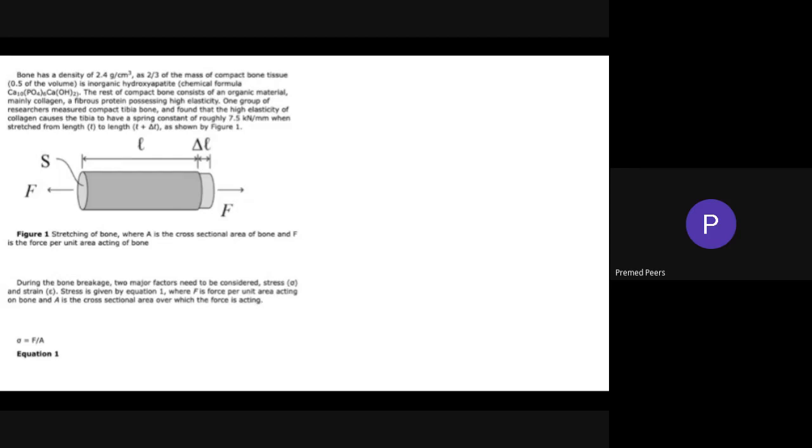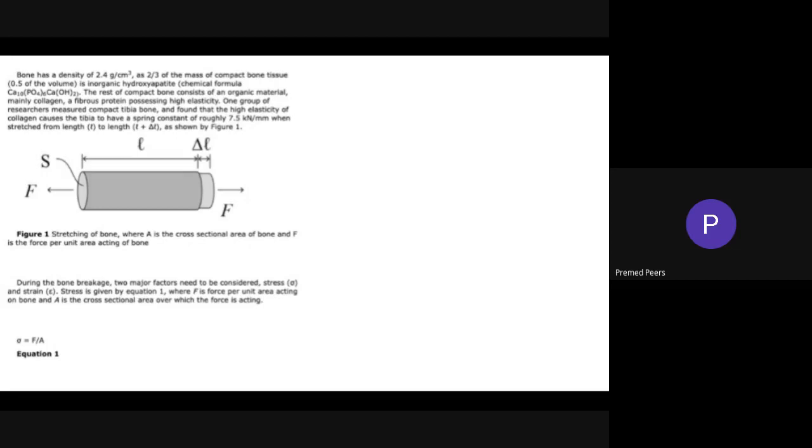The rest of the compact bone consists of an organic material, mainly collagen, a fibrous protein possessing high elasticity. One group of researchers measured compact tibia bone and found that the high elasticity of collagen causes the tibia to have a spring constant of roughly 7.5 kilonewtons per millimeter when stretched from length L to length L plus delta L, as shown by figure 1.